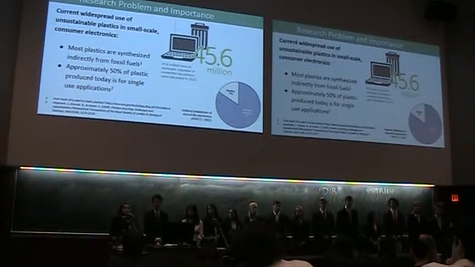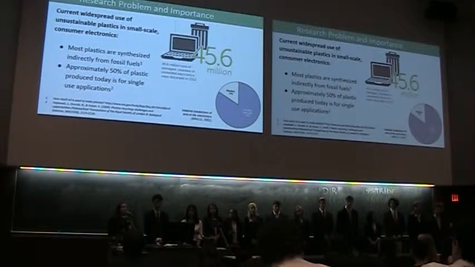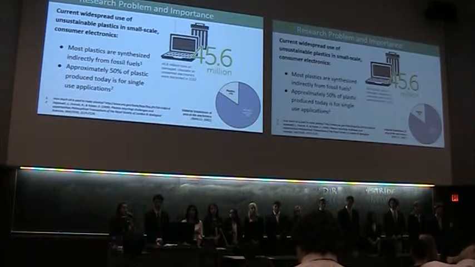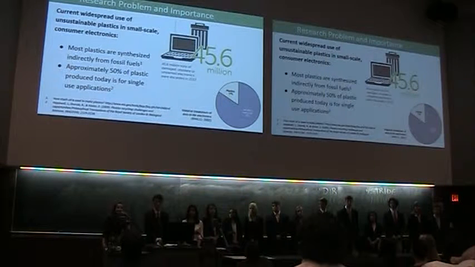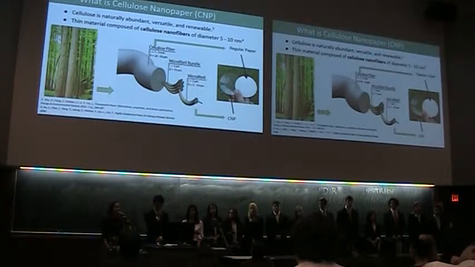Furthermore, approximately 50% of these plastics are produced for single-use applications, which means they require even more fossil fuels to produce additional products. So, can we find a material that replaces plastics that doesn't have this high environmental price tag?